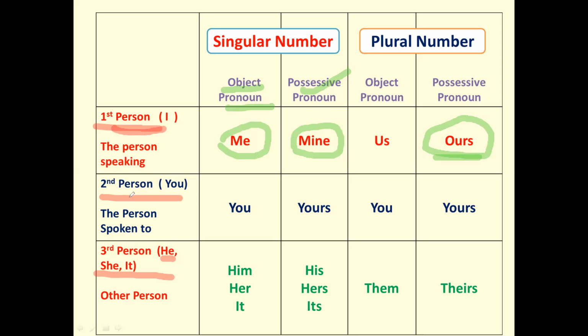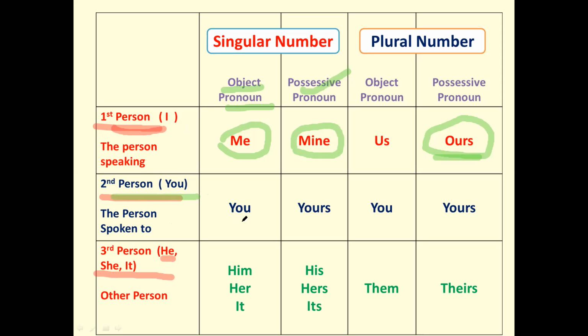Here the second person, you, is the person spoken to, you are speaking to somebody. In the first person, I am talking to myself. The second person is the person speaking to us, or he is speaking to me. So in the second person, you, it means the person spoken to.